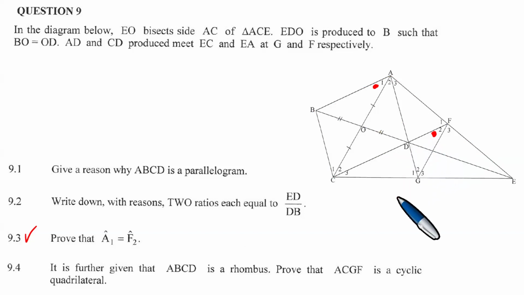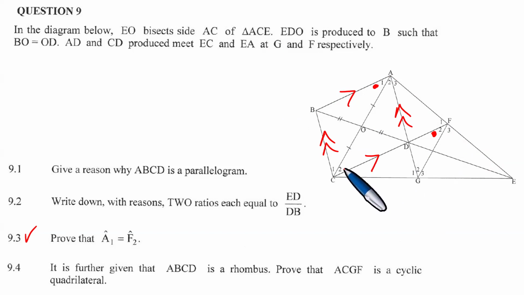Very, very easy to establish this result, and there are a couple of things that remain very important. We already know that this one is a parallelogram, so these opposite sides are parallel to each other, and also this side is parallel to this one because they're opposite.